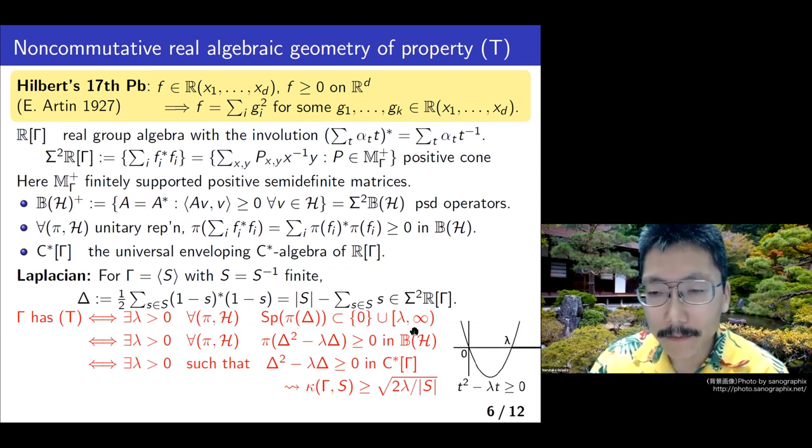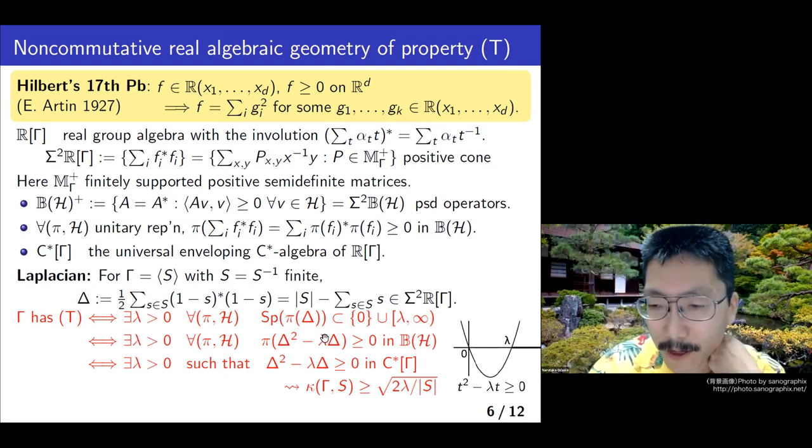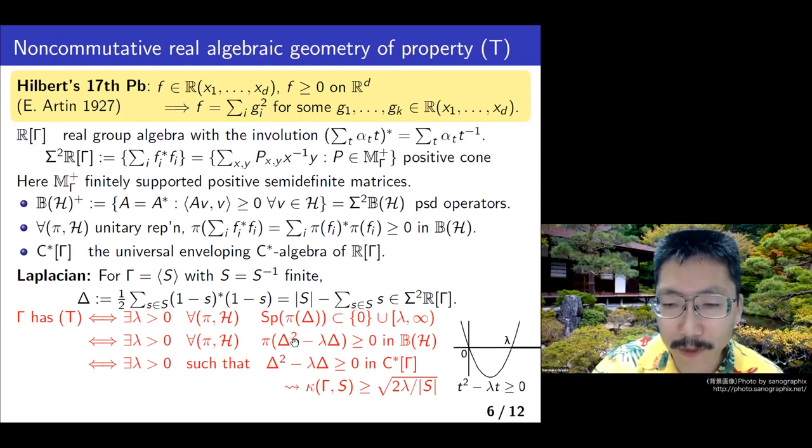And then by functional calculus or the spectral mapping theorem, this spectral gap property is translated into the following inequality, that delta square minus lambda delta is non-negative. Here's a graph. The spectrum is always non-negative. 0 is unavoidable because there's always the possibility of the trivial representation.